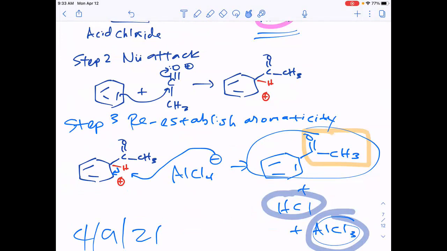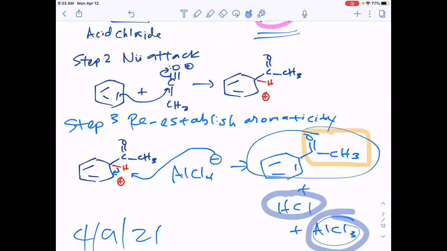So yes, it does change. It becomes an anion, it becomes tetracoordinate, but at the end of the day, it always comes back to its original form.